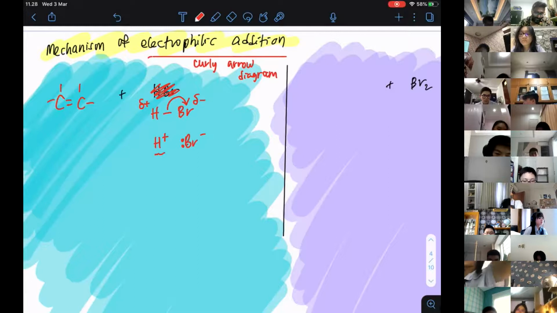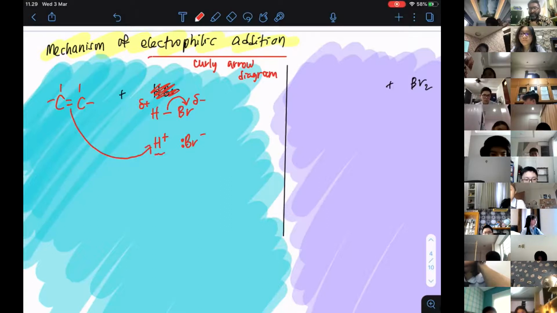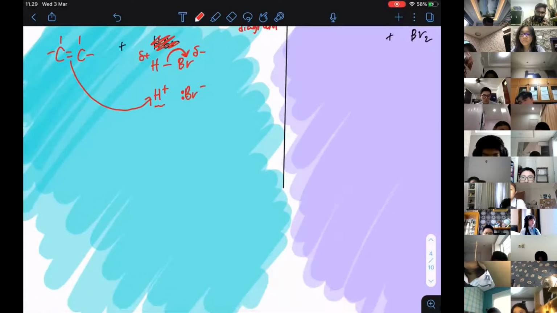When you draw the curly arrow, you draw it from the double bond to H+. Why? The curly arrow shows the movement of electrons, and the electrons are in the double bond. So always remember, a curly arrow starts from electrons.